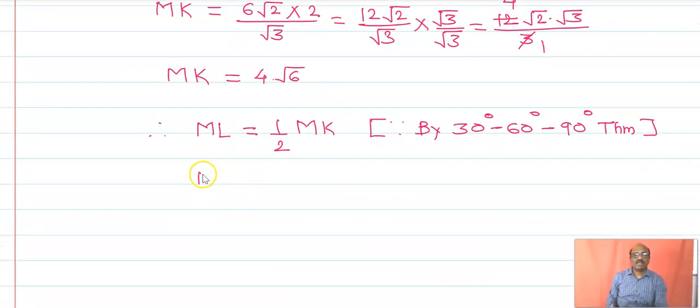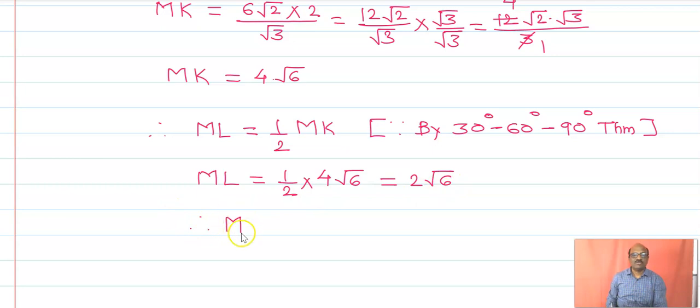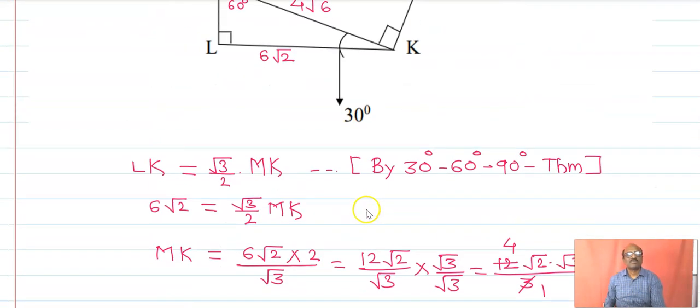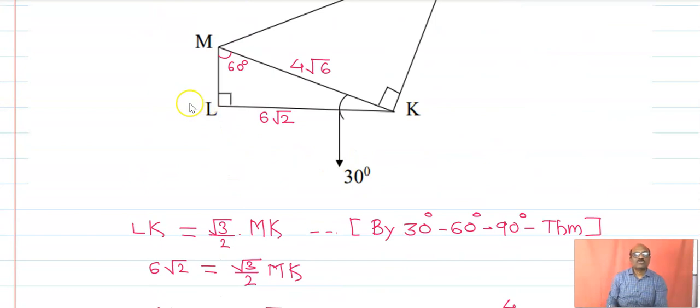Therefore ML is equal to 1 upon 2 into 4 root 6, that is 2 root 6. So ML is equal to 2 root 6.